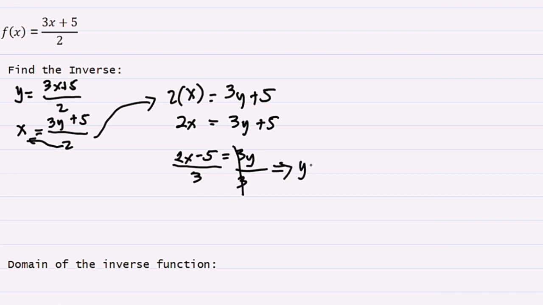The result is y is equal to 2x minus 5 all over 3. And the final answer will be in the form of f raised to negative 1 of x is equal to 2x minus 5 all over 3.